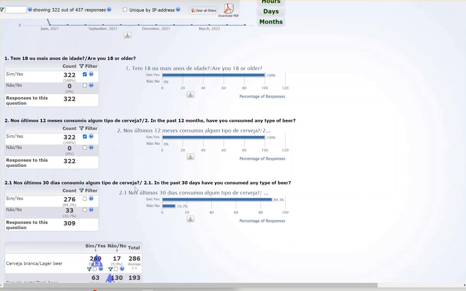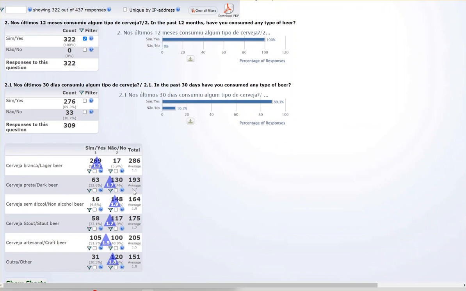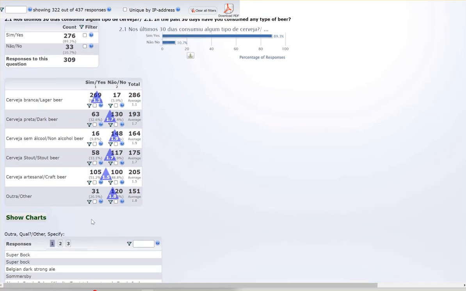Then I have a big number of questions about consumption in 30 days, which type of beer, lager, dark, but as you can see, most of them said yes for lager, and very few for non-alcoholic beer, for instance.